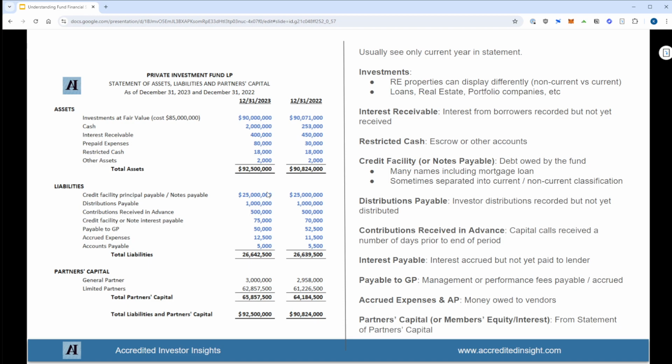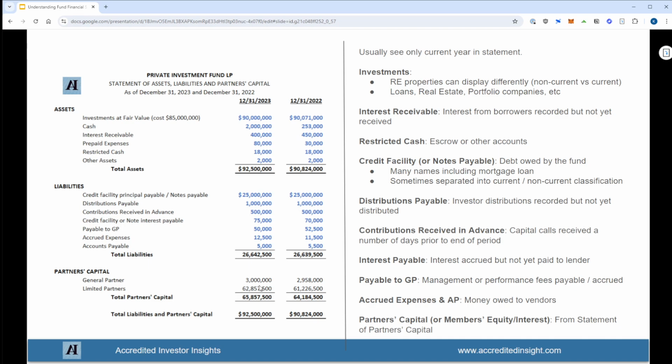You'll notice that most of the figures are hard-coded in blue. They're provided by the sponsor and shown on the financial statements that are issued. The capital accounts in black are pulled from the last slide, the statement of changes in partners' capital that we discussed. And you'll see how that all flows together later.